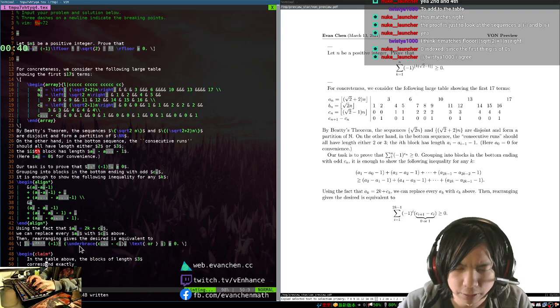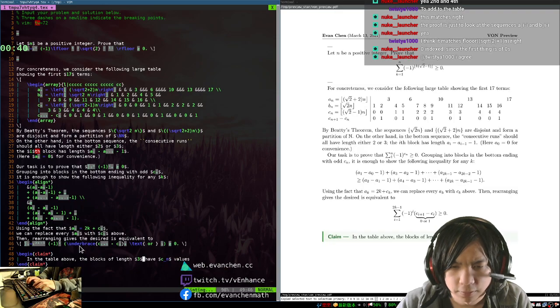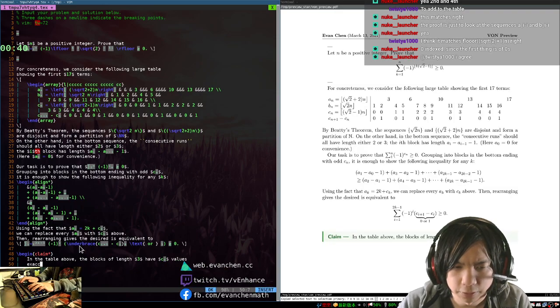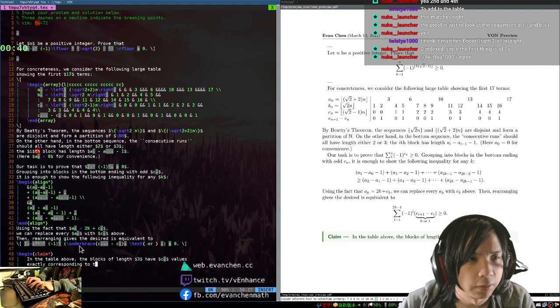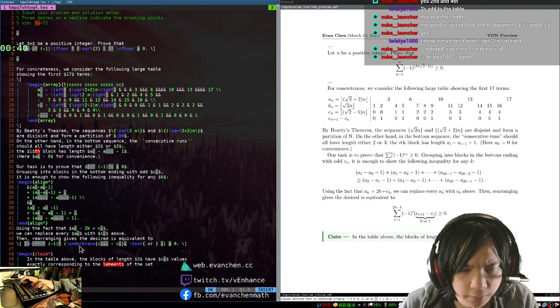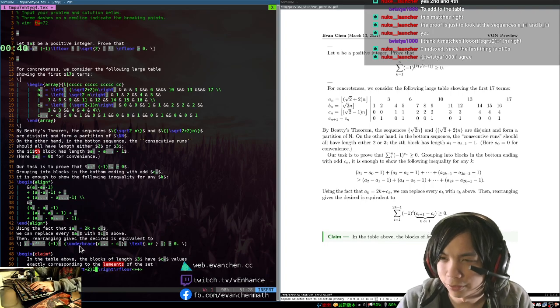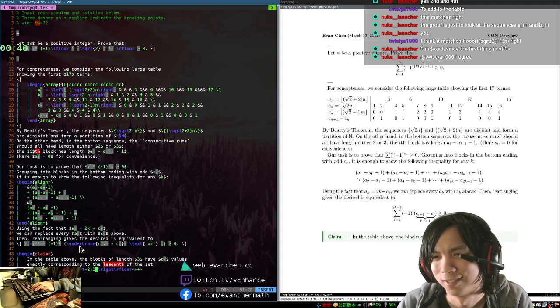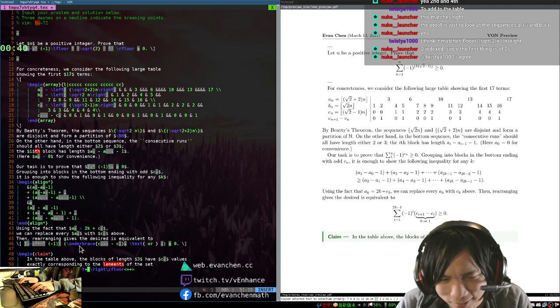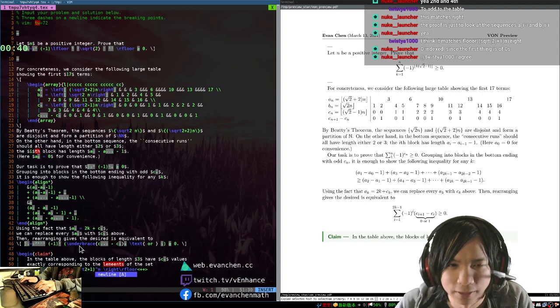The blocks correspond exactly to the elements of the set. Okay, so I have to add yet another one. Do I ever use root 2? I feel like I don't. Whatever. No, I kind of do. I use it for the b_i.